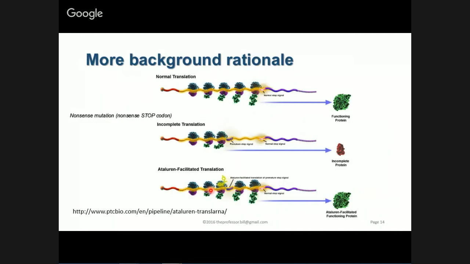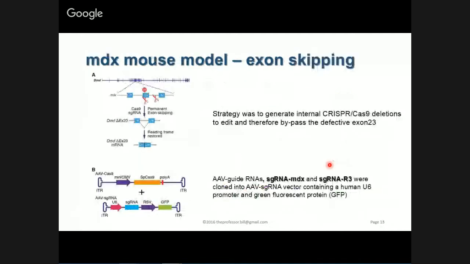And this was one of the first ways of getting this larger, more fully functioning protein. And this was the first idea. If we could skip by this particular blockage, if we could bypass it, it's like taking a detour around it. And as long as the road that leads back to where we should be going is the same, we might be able to get the appropriate translation of the protein that we need. Now this gets into today's paper. And this gets into this idea of exon skipping.